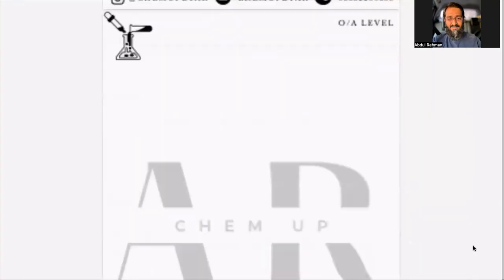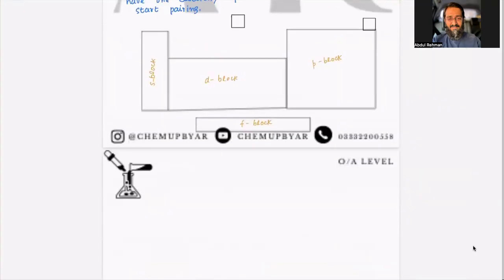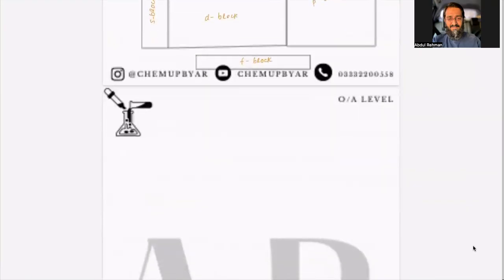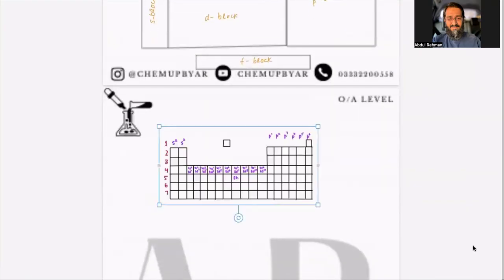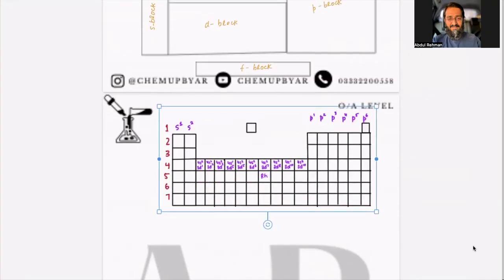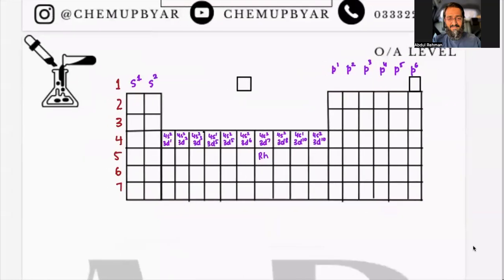So if we look deeper into the periodic table or these blocks, we have a more precise arrangement as well. We know that these are the periods.